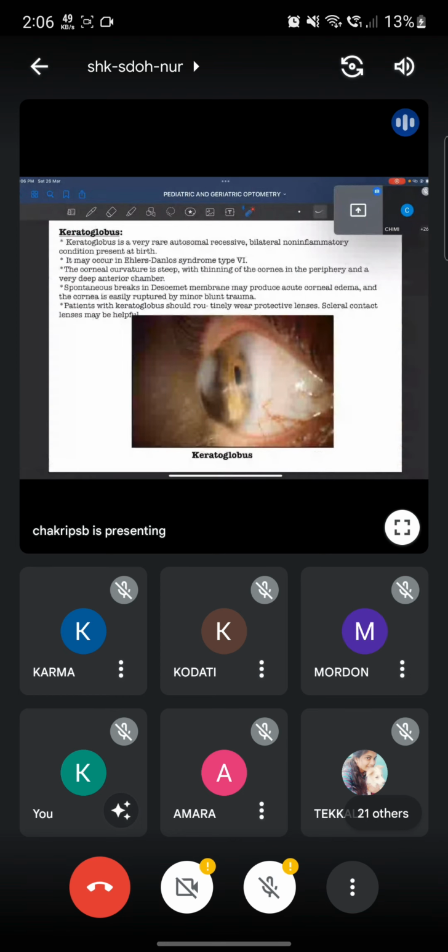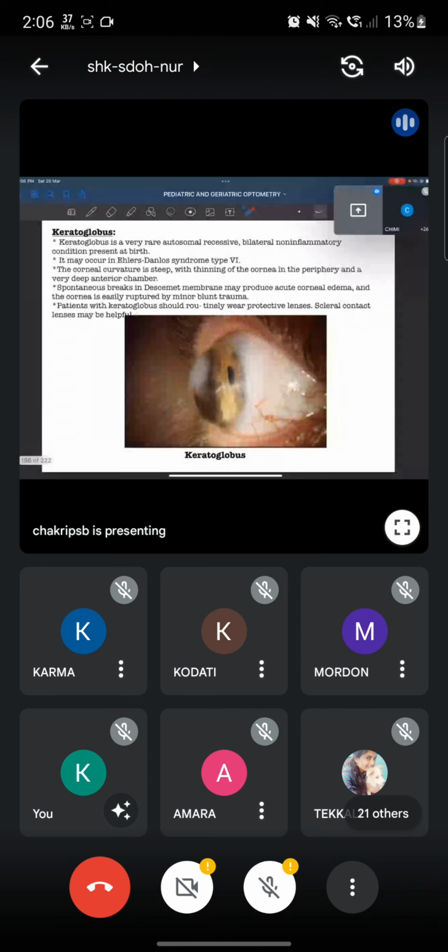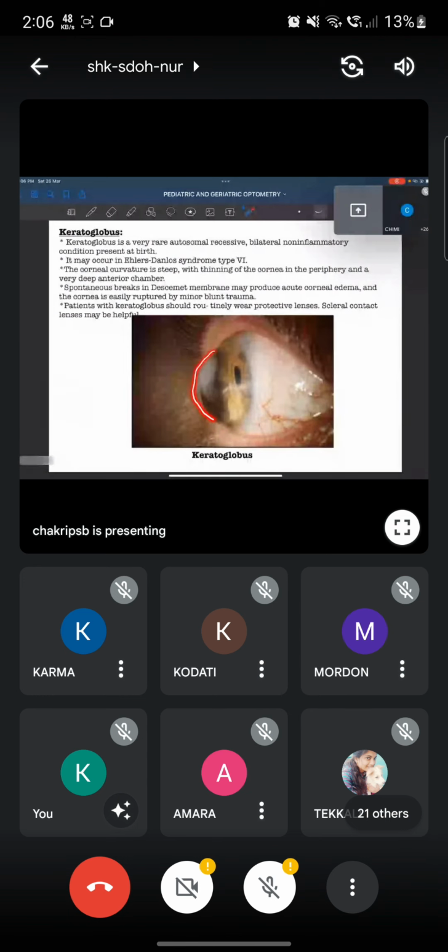And coming to the anterior chamber and cornea, here is keratoglobus. See here, the cornea will be looking like a globe. It is also an autosomal recessive condition.